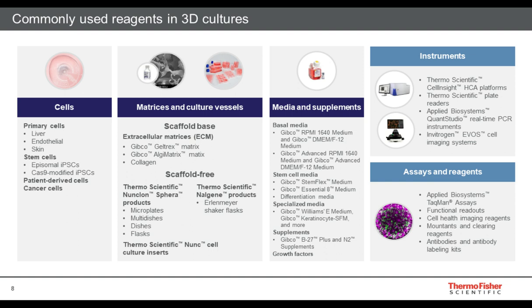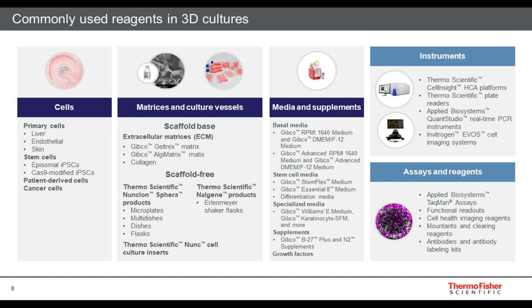Many of the culture vessels and matrices that you're already familiar with also are used in these workflows. These include matrices such as Geltrex, which is essentially a basement membrane-like extract that's used as an extracellular matrix mimic. Or there are other scaffolds such as the Algimatrix matrix that Gibco currently offers, as well as other things like collagen.